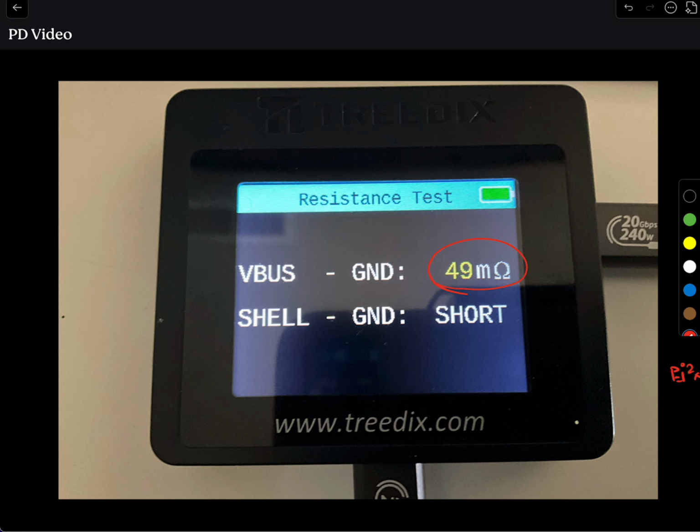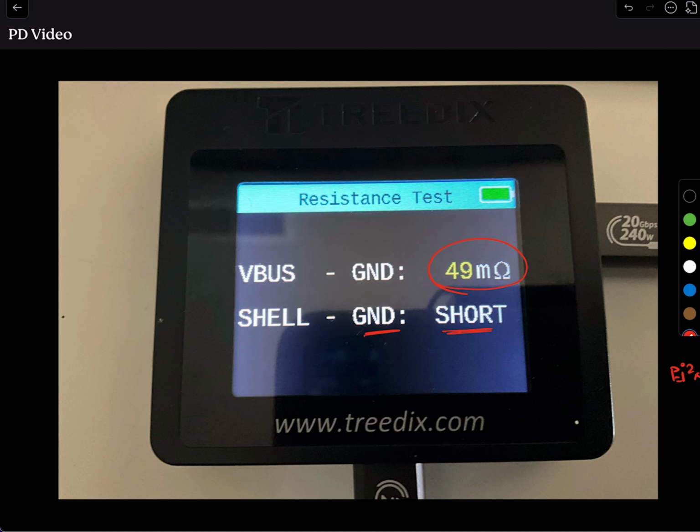Okay, not even close to 1 ohm, which is remarkably good for a cable, right? And it also tells you something that is not really relevant, that the ground is connected to the case of the actual USB-C, the metal part of the USB-C is connected to ground.